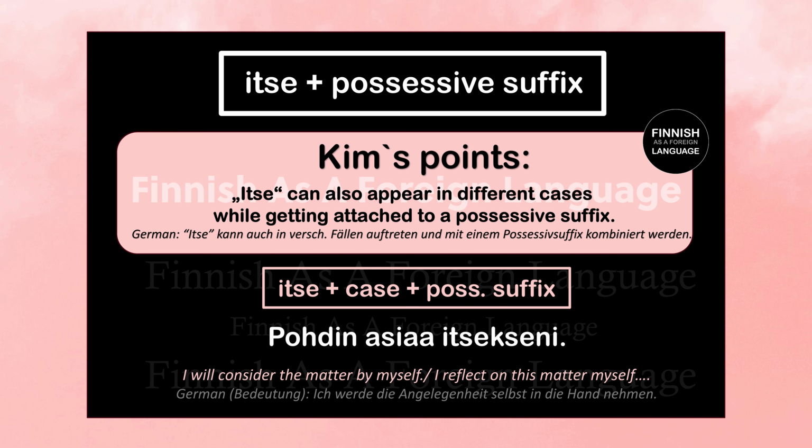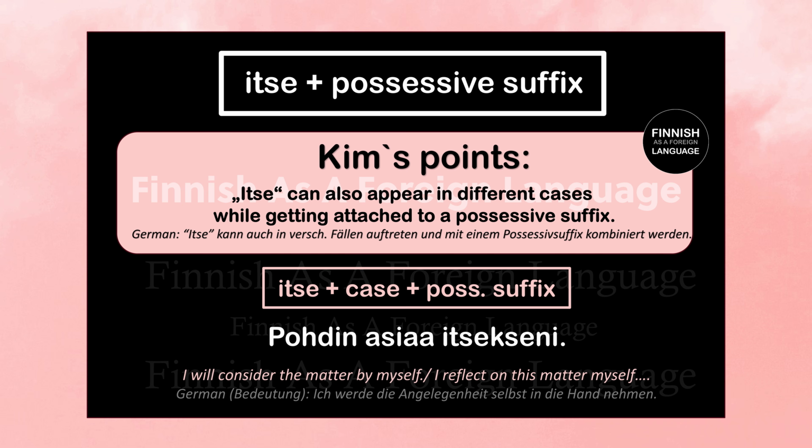So itsekseni is actually a combination of itse plus kse. The translative marker is actually ksi, but when we want to add something to it, then the I changes to an E. That's why we say kse, and ni is the possessive suffix. So that's why we say itsekseni. Pohdin asiaa itsekseni. I will consider the matter by myself.